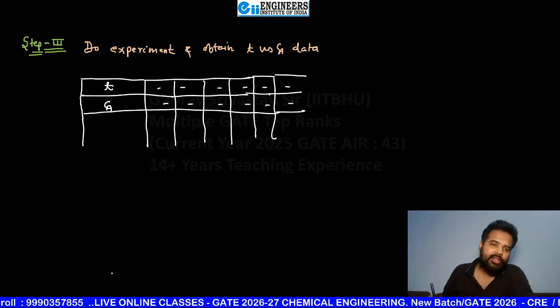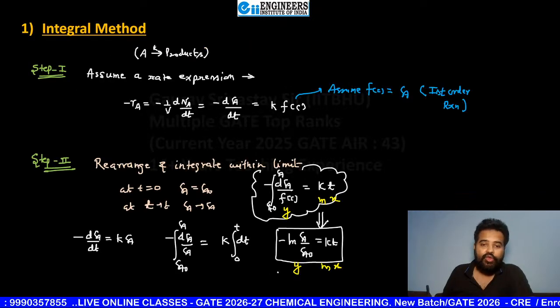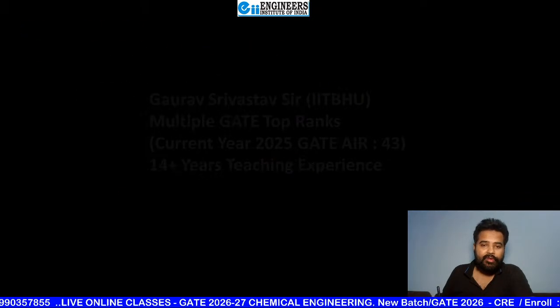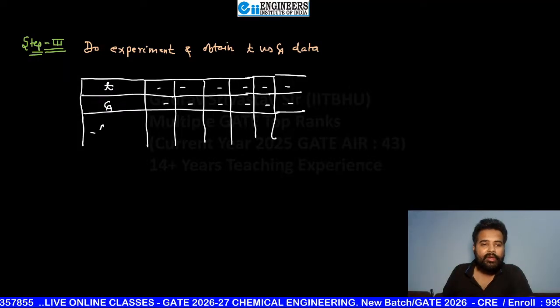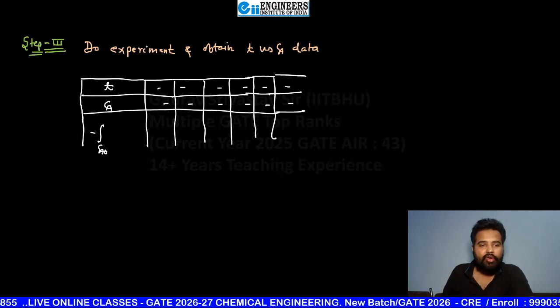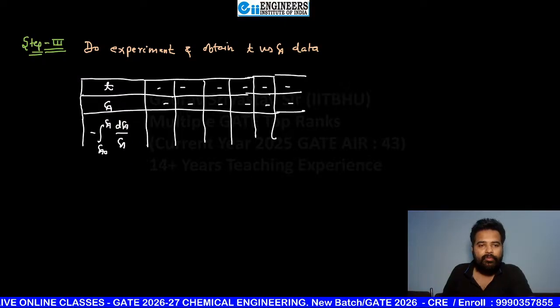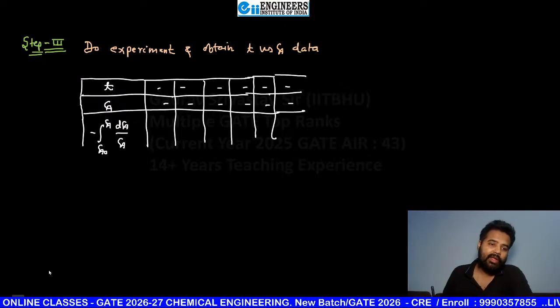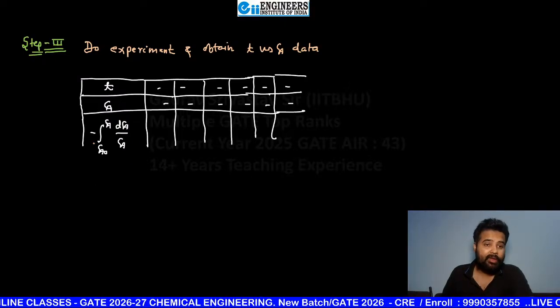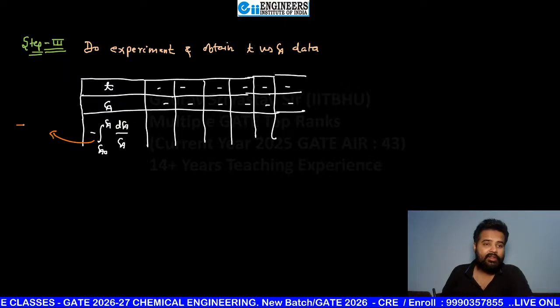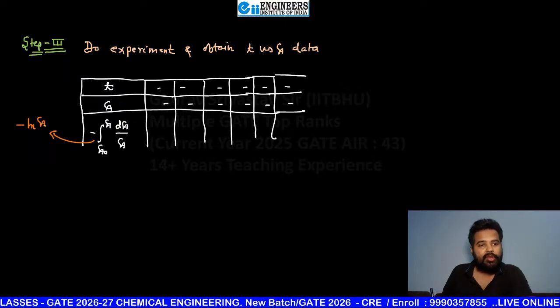Once you got this T versus Ca data, then you have to obtain this minus integral of Ca naught to Ca dCa by Ca value. Like here for our guess, this can be written as minus ln of Ca by Ca naught.